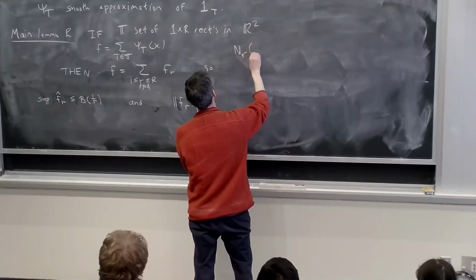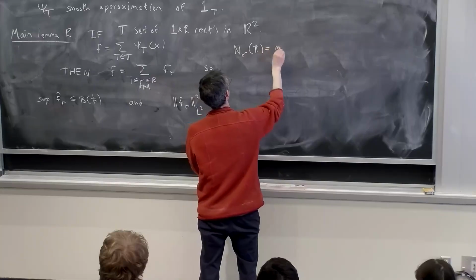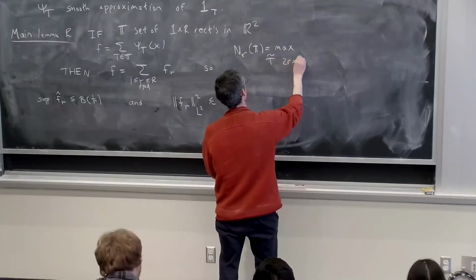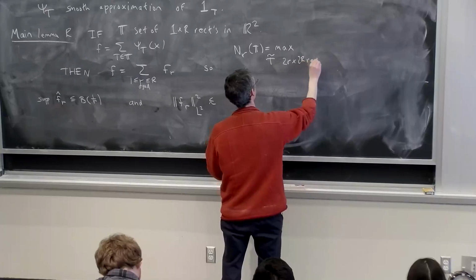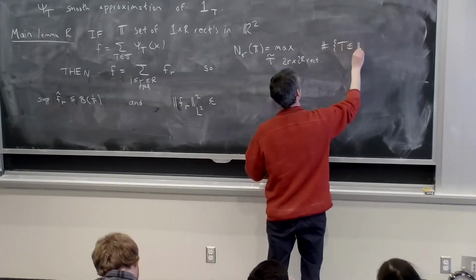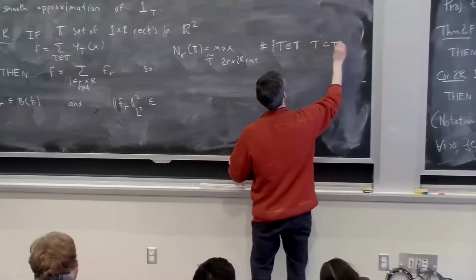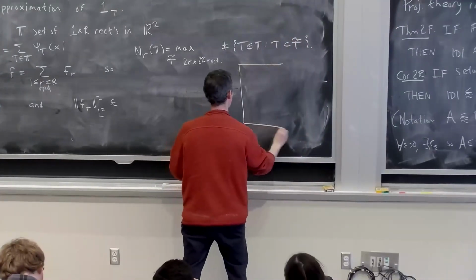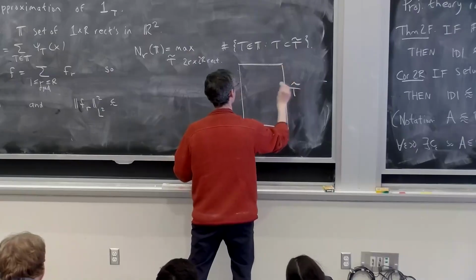So n sub r of t is the maximum over t tilde, which is like a 2 little r by 2 big R rectangle, of the number of t in our set of t so that t is contained in t tilde. So here's a picture. Here's t tilde.